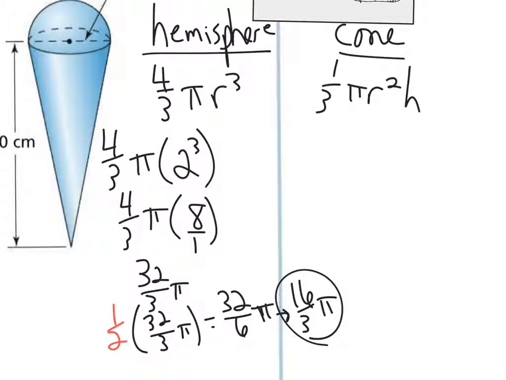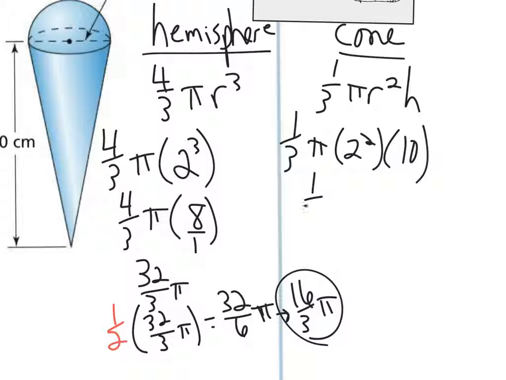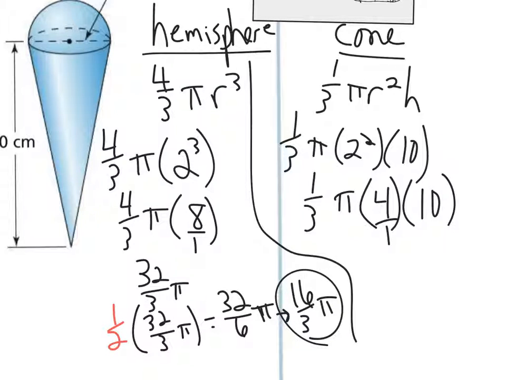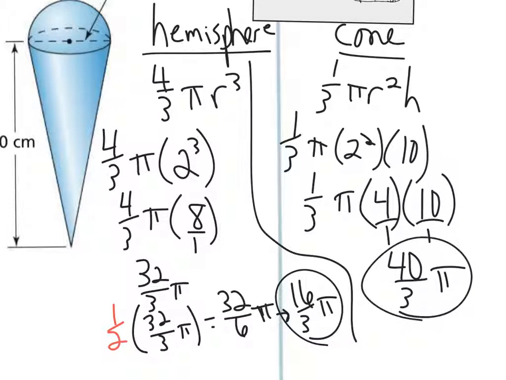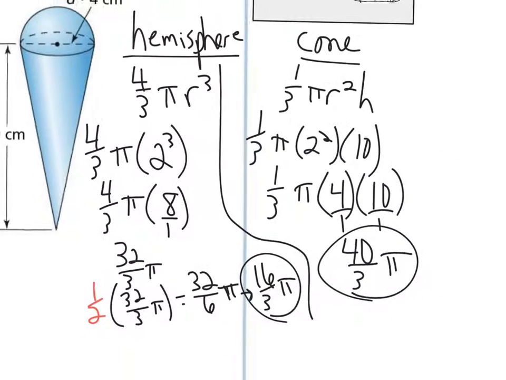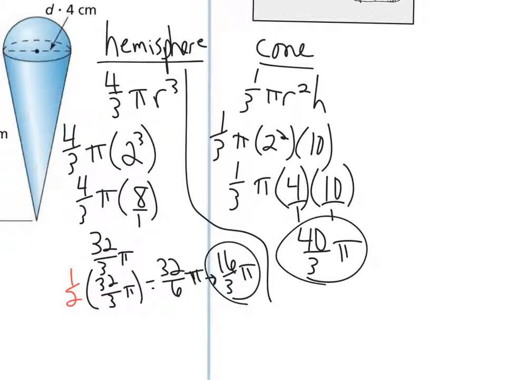For the cone, so radius is 2, and the height is 10. So 2 squared, 2 times 2 is 4. Put those over 1. So that'd be 40/3 pi. Okay, and by saving the pi, what we've done is we've made it to where we don't have to worry about the decimals and stuff.